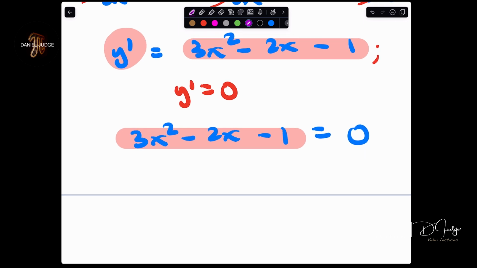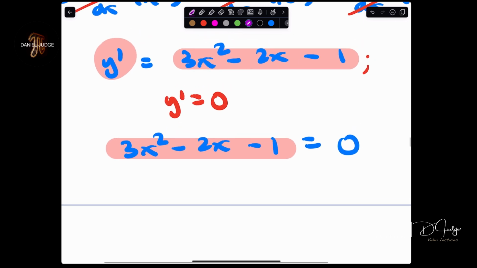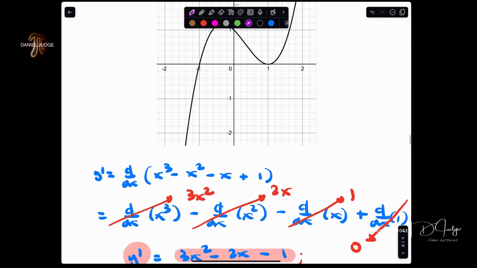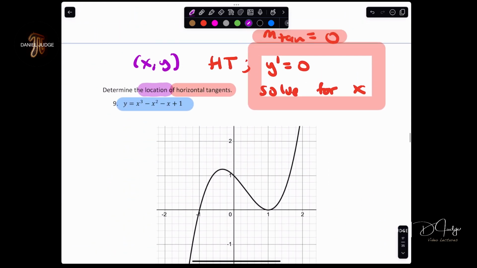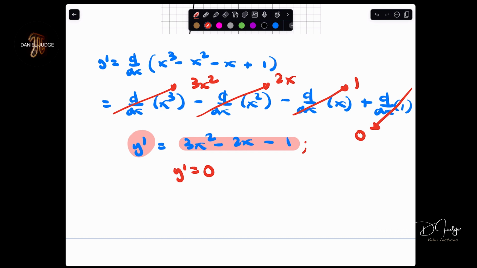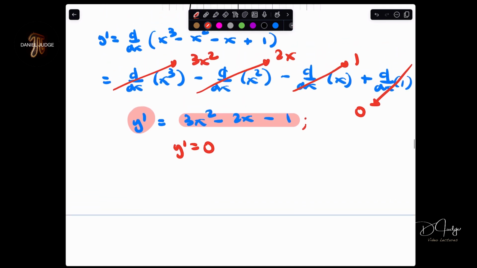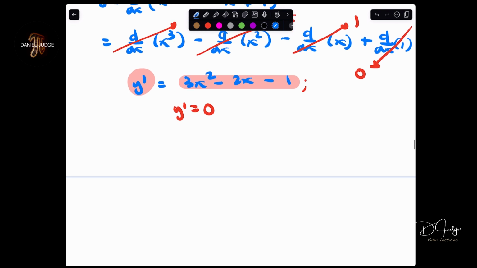A lot of times they give you some nice, beautiful, and simple curves, a nice polynomial.